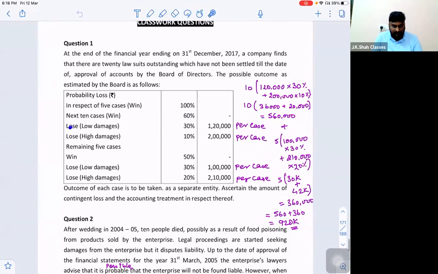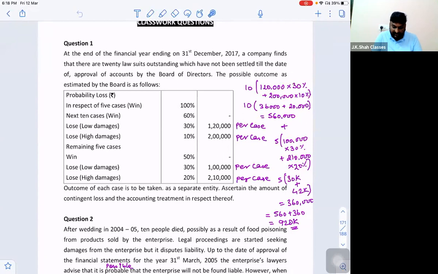If we lose, there is a 30% chance of low damage, which is 1,20,000 per case, and a 10% chance of losing with very high damages, where we can have an outflow of 2 lakh rupees. So the total chance of losing is 40%.